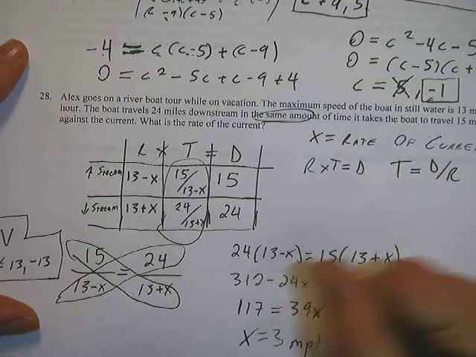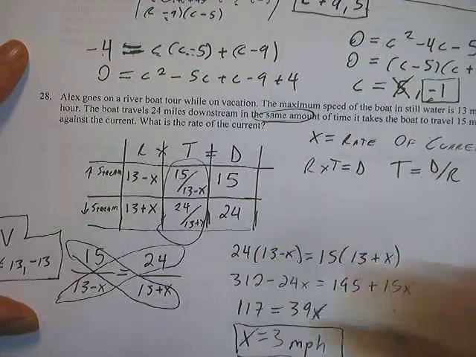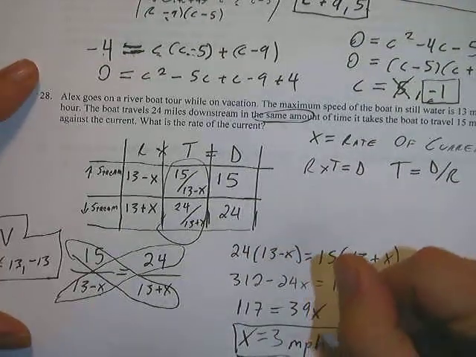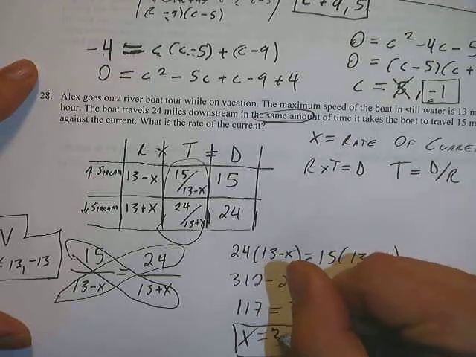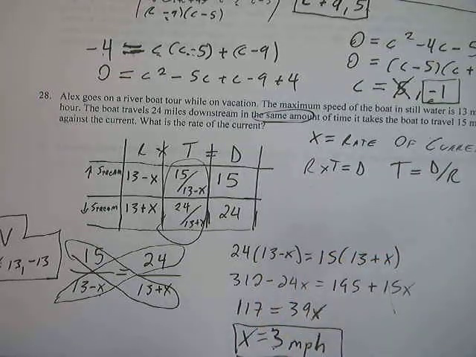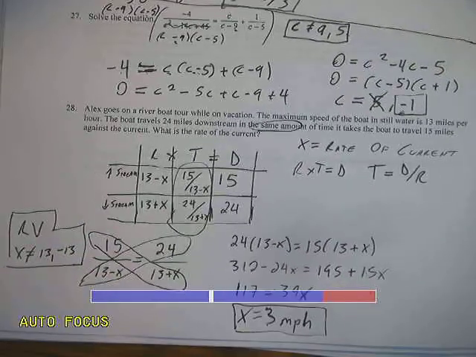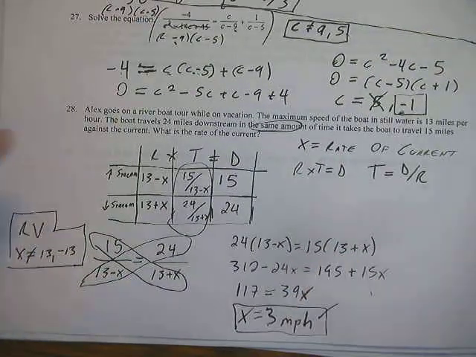Last step here is divide both sides by 39. 117 divided by 39. Well, hey, that's pretty. x equals 3, which is the rate of the current. So I guess we would just write that as miles per hour.